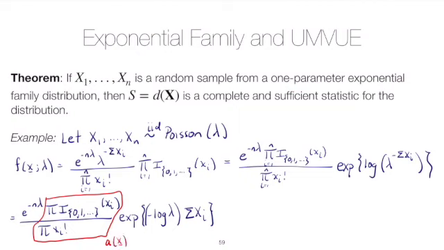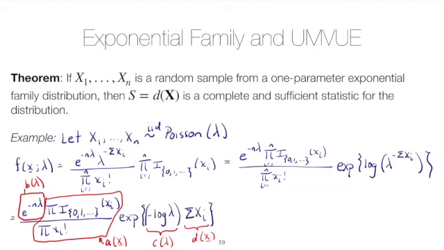This is just some function of the sample. And then this term here, we could call our b of lambda, it's just a function of lambda, so a function of the parameter. And then c of lambda would be this negative log of lambda. And then our d of x is the sum of the sample.